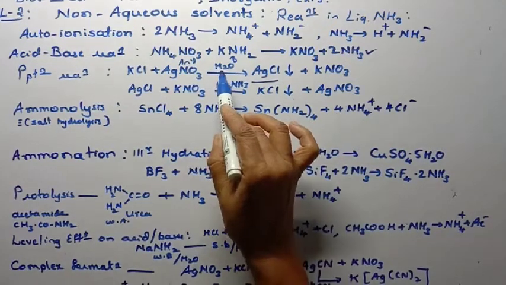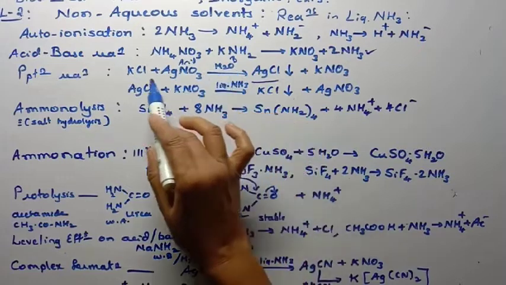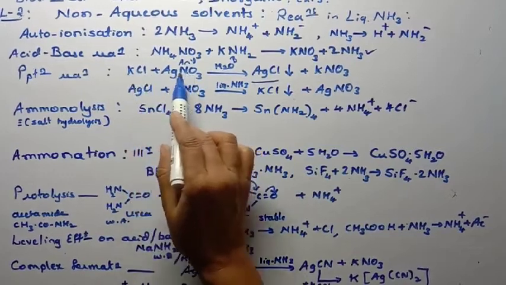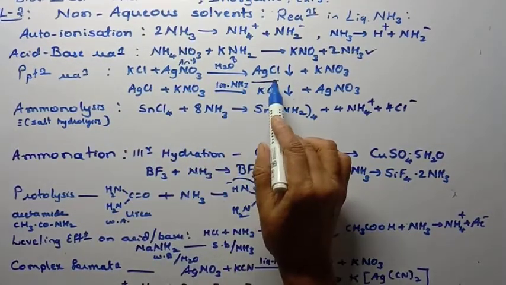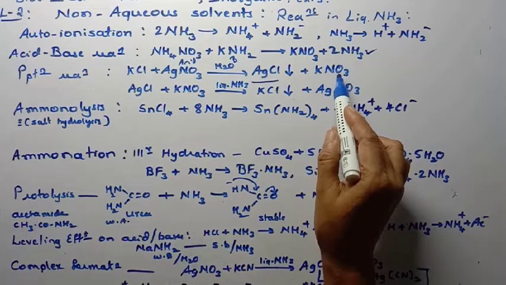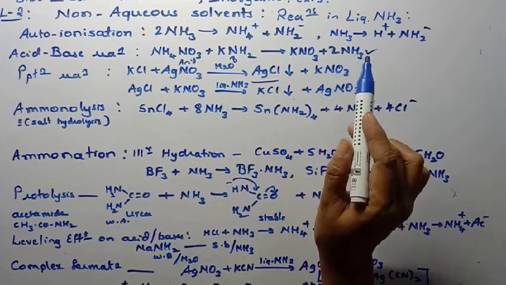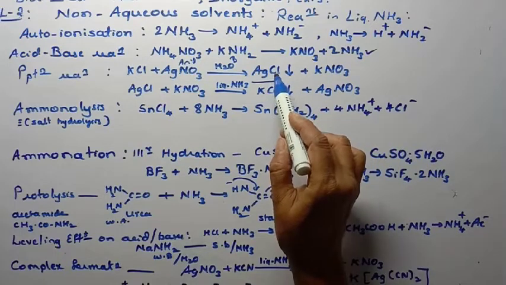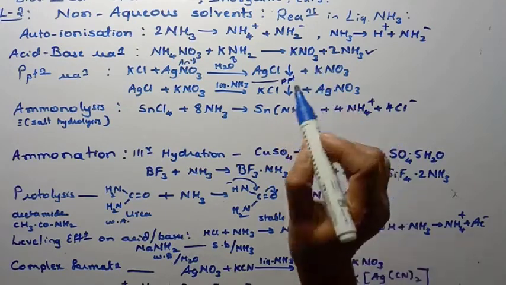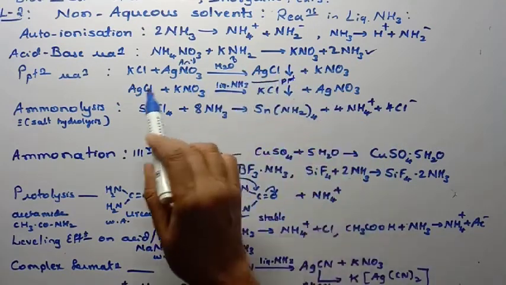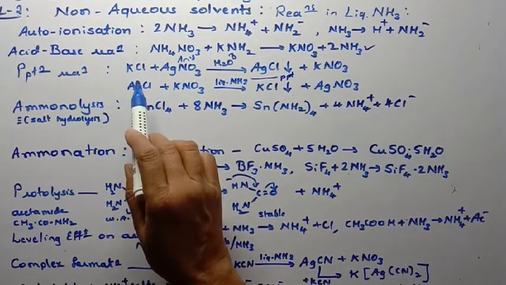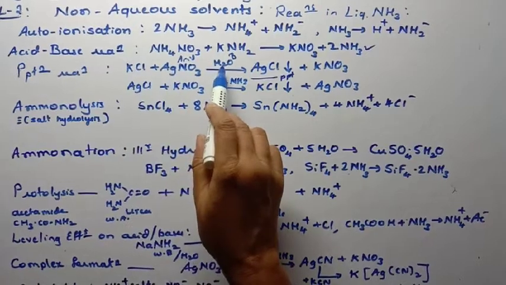That is in water medium, where KCl solution is prepared in water and AgNO3 is prepared in water. When you mix these two, it gives a white precipitate of AgCl, and KNO3 remains in solution, in the dissolved state. Here AgCl gives a precipitate in the sense that it is insoluble in water. Now the same reaction, but we want KCl in solid form, or we need the precipitate of KCl, which is not possible in water.